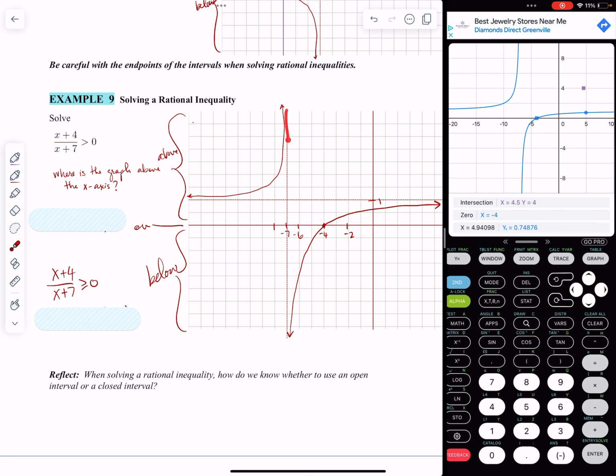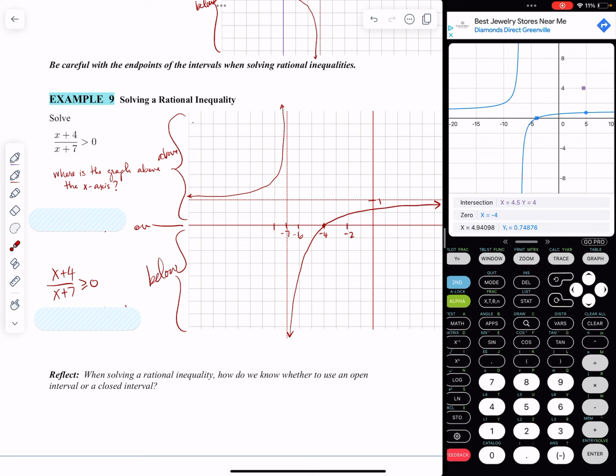So you notice that I have this vertical asymptote here at x equals -7. Again, you'll learn this later, we do have what's called a horizontal asymptote at y equals -1, but for this particular question, that's not going to make that much of a difference.